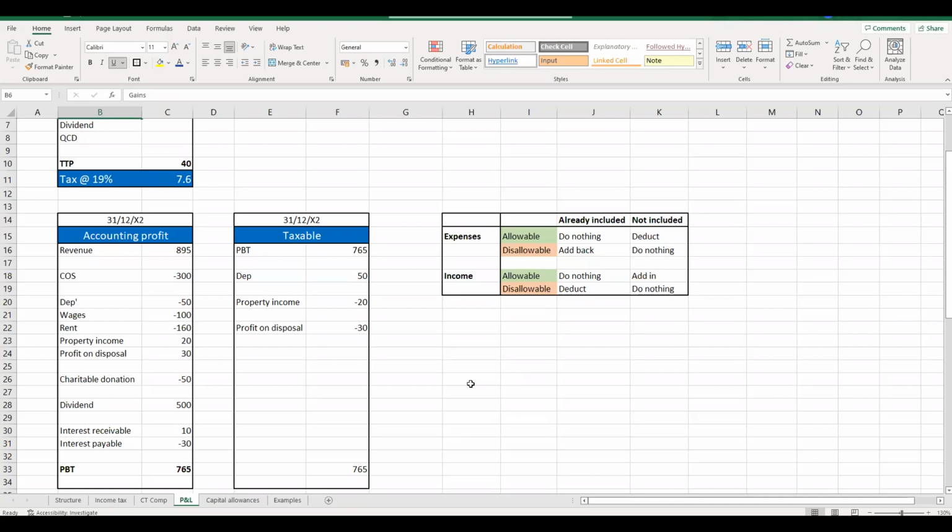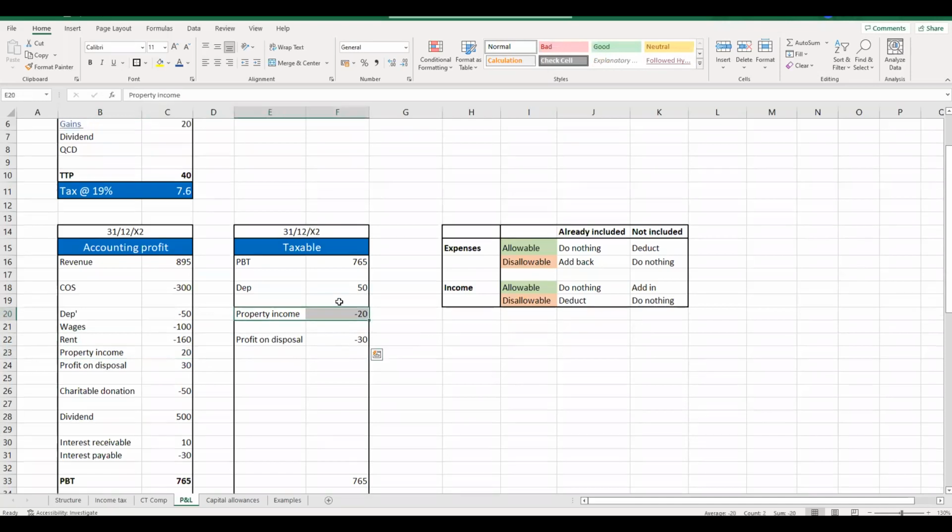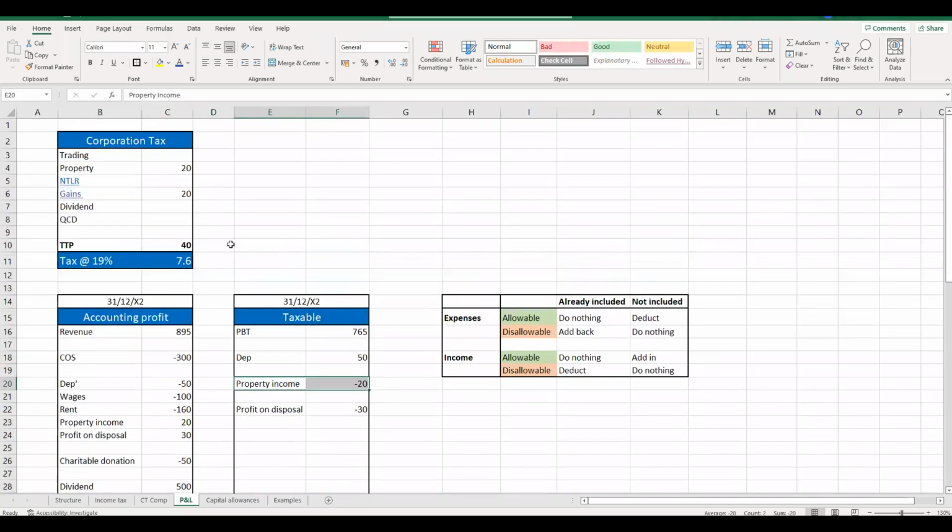You match revenue and cost to when they fall due rather than when the cash was paid. This is what we do for everything else on corporation tax. Like that property income, we would have applied that on an accrual basis, and we would have worked out what property income was due for that period, and then put that into our pro forma.